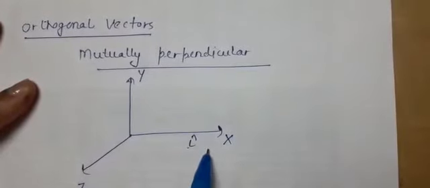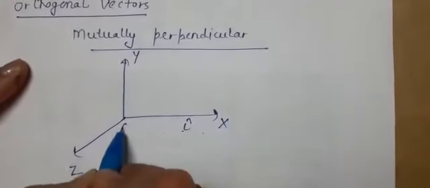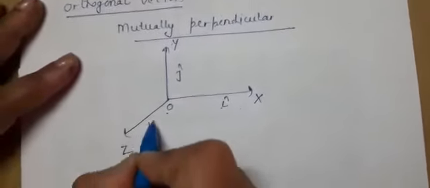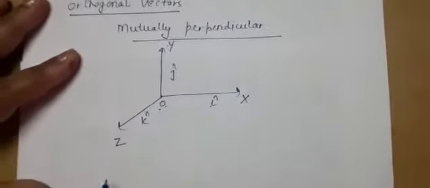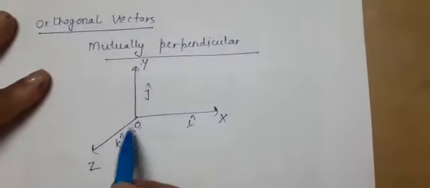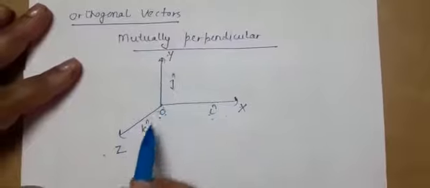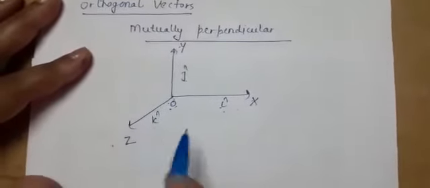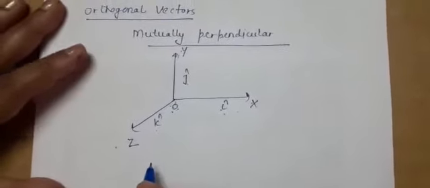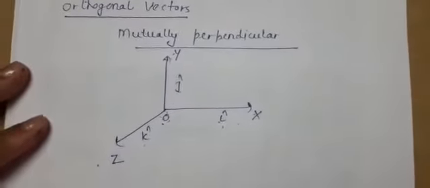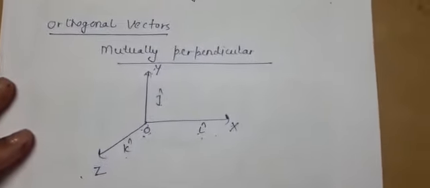So i is a unit vector along the x-axis, j is a unit vector along the y-axis, and k is a unit vector along the z-axis. Since these axes are mutually perpendicular, these unit vectors i cap, j cap, k cap are also mutually perpendicular. So vectors which are mutually perpendicular to each other are taken as orthogonal vectors.